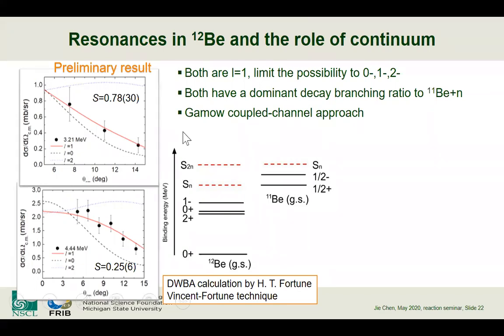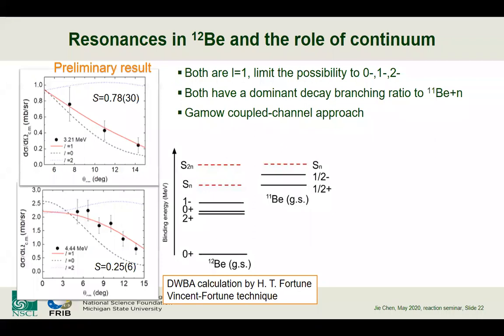This limits the possibility of spin parity to 0 minus, 1 minus, and 2 minus. But it's worth noting that for this 3.2 MeV state, L equals 0 can't be fully excluded from this figure.